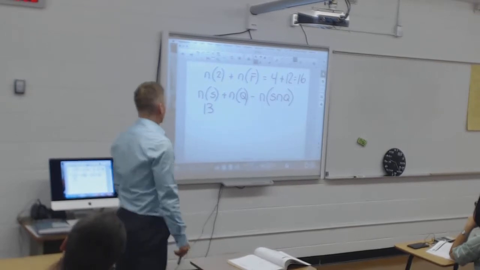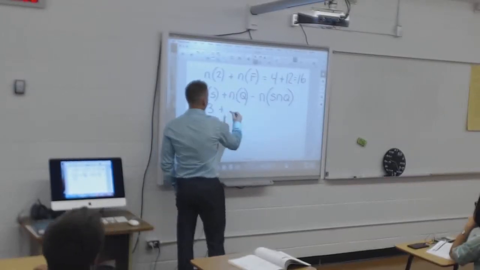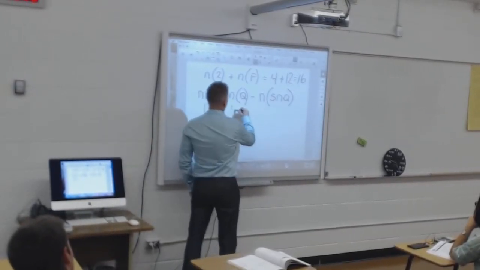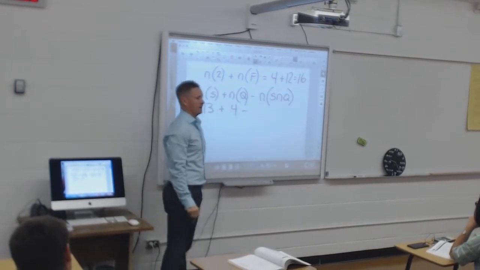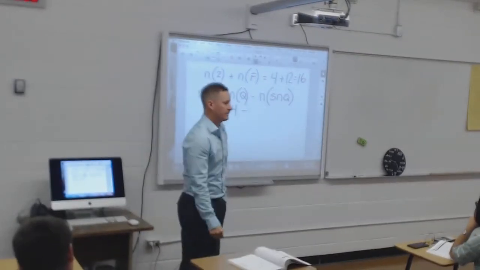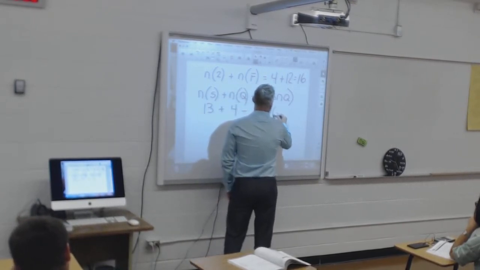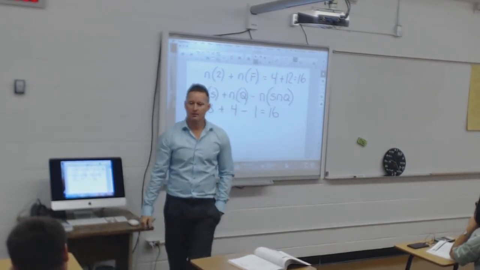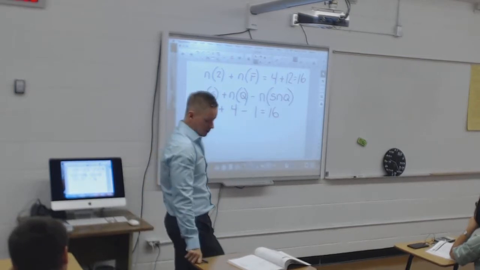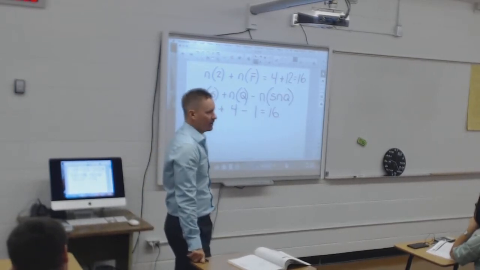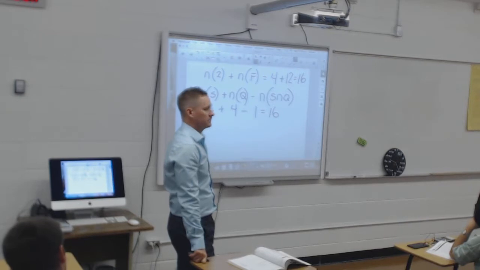Yes. How many queens are in a deck? 4. 4 queens. How many queens of spades are in the deck? 1. 16. 16 ways in which you can pick a spade or a queen in the deck. Got it?